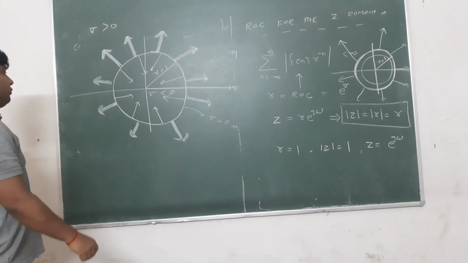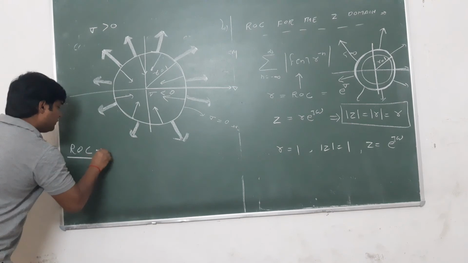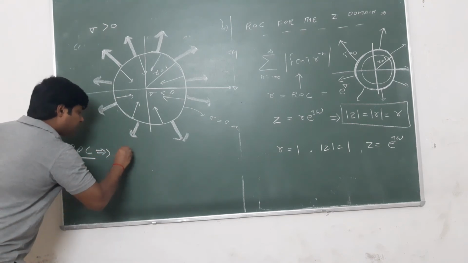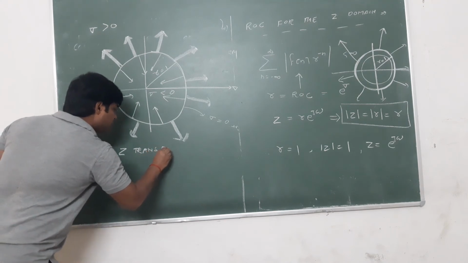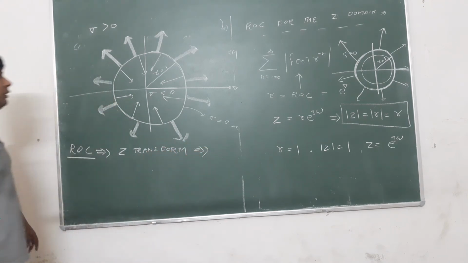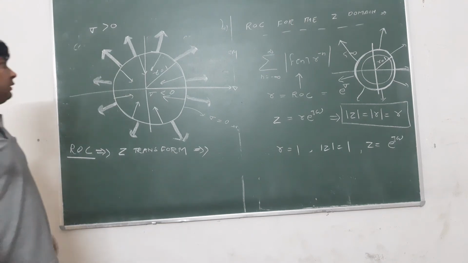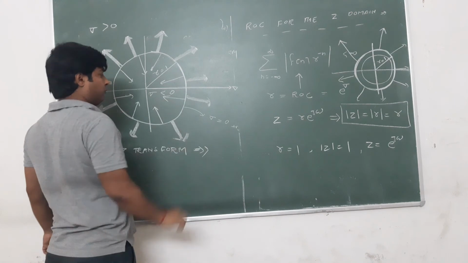This is the ROC, region of convergence for the Z transform. Okay, this is the region of convergence. This circle has radius 1.